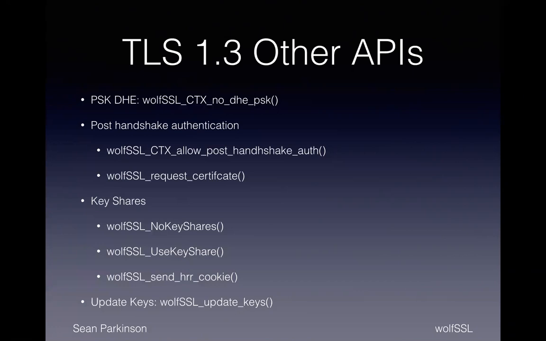This makes sense in very limited environments where public key algorithms are too costly. So if it's an embedded system with low power, limited computing capacity, limited memory, then perhaps you'll want to do this.